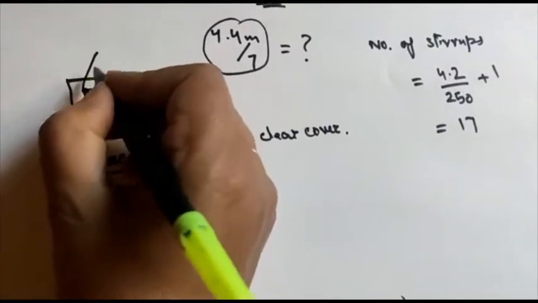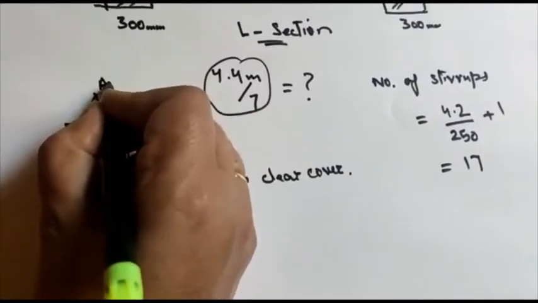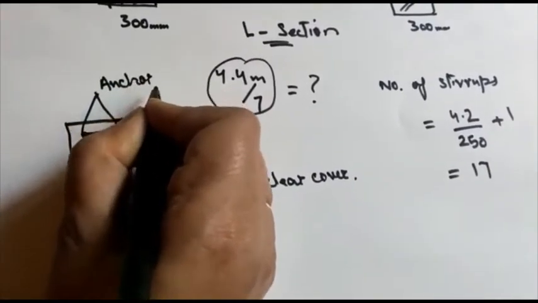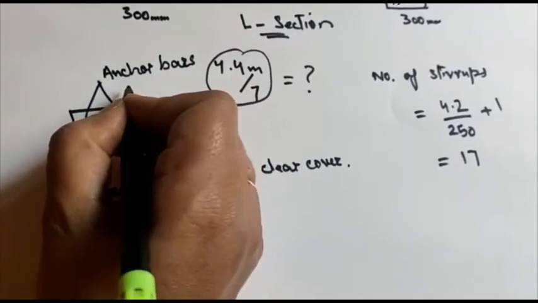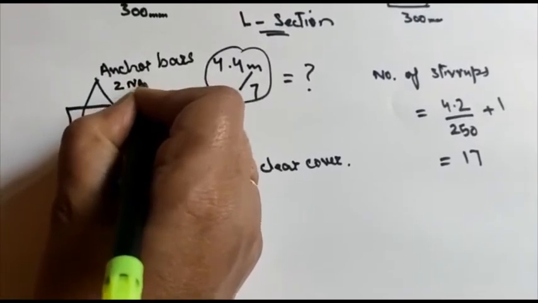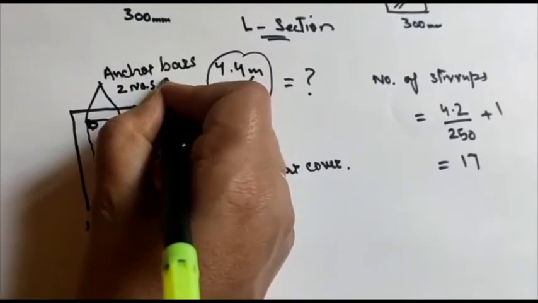These are anchor bars here, 2 numbers, 10 mm dia.